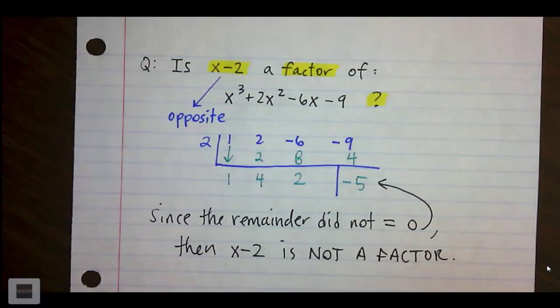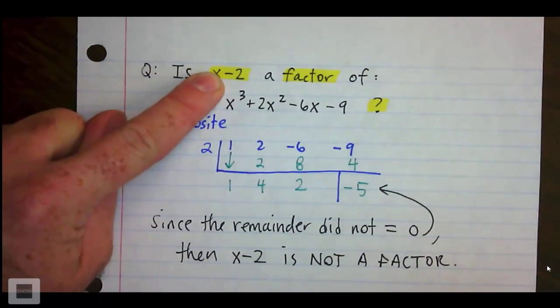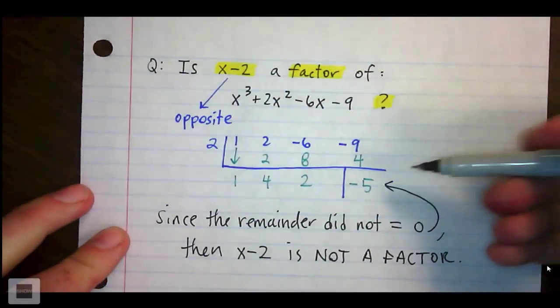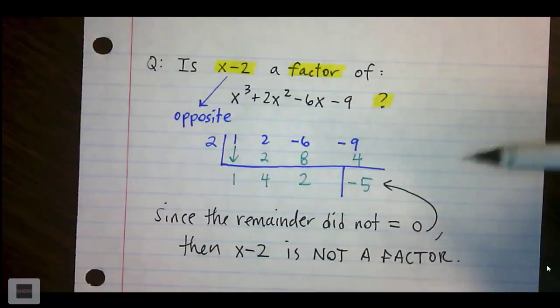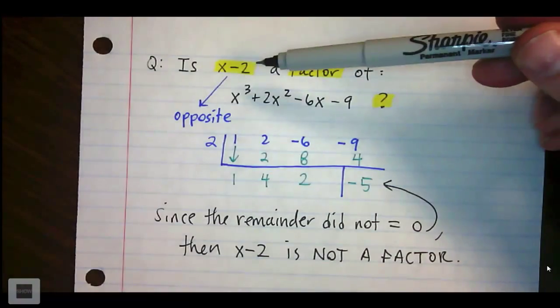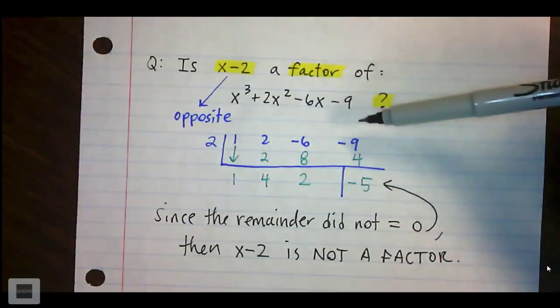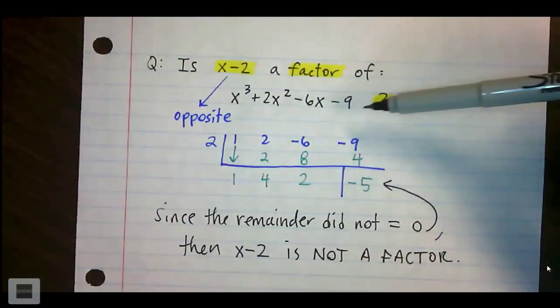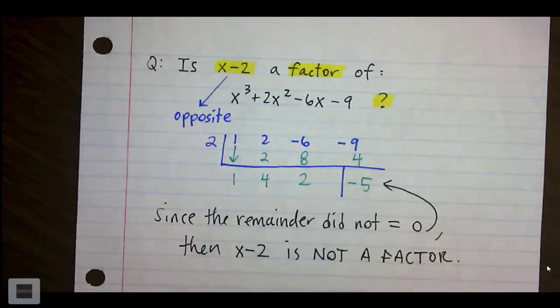In order for that to be a factor, it must give me a remainder of 0, and since it didn't, I know x minus 2 is not one of those parentheses in my final answer if I was to try to factor this down, because the remainder was not 0. Okay, so that's what the factor theorem pretty much states.